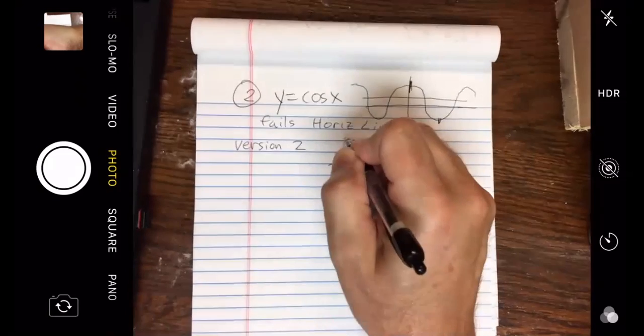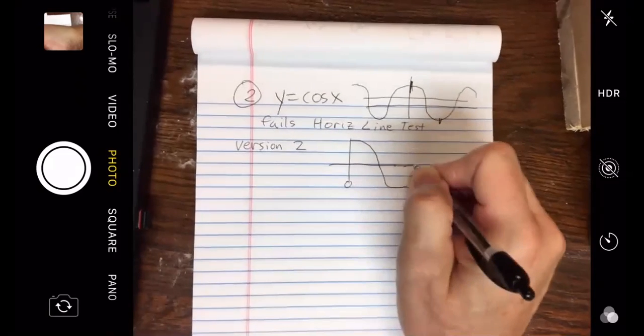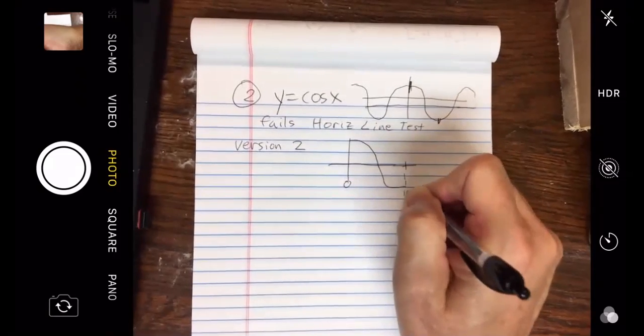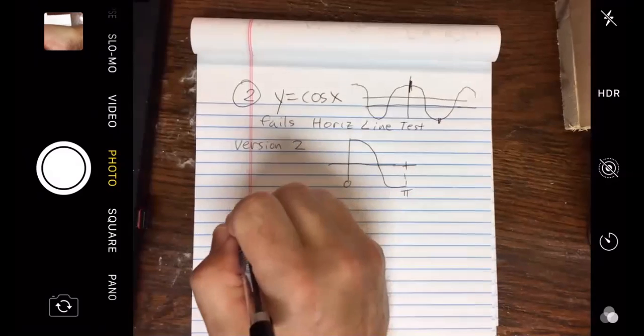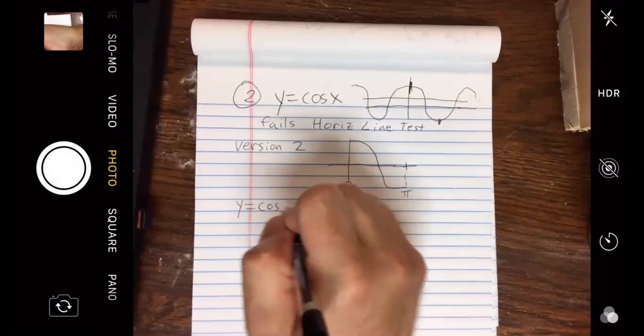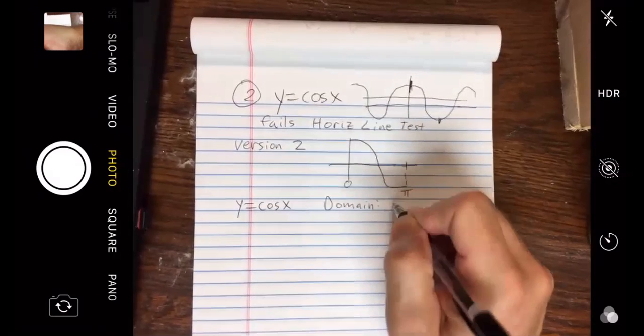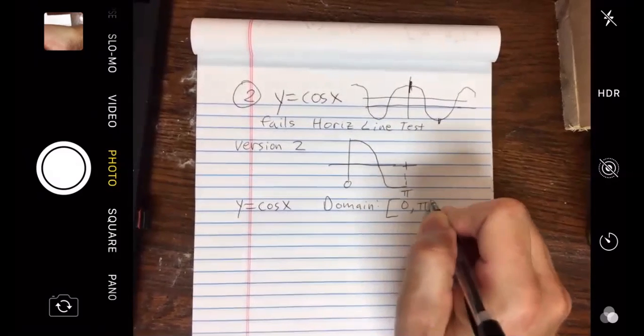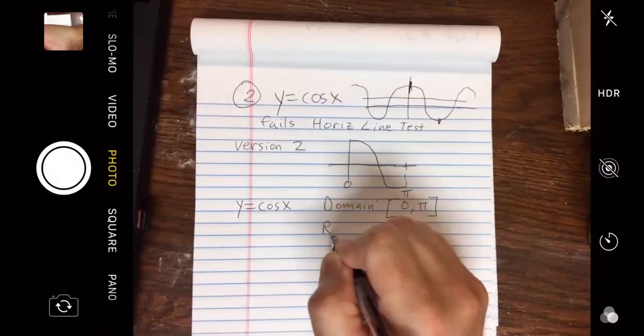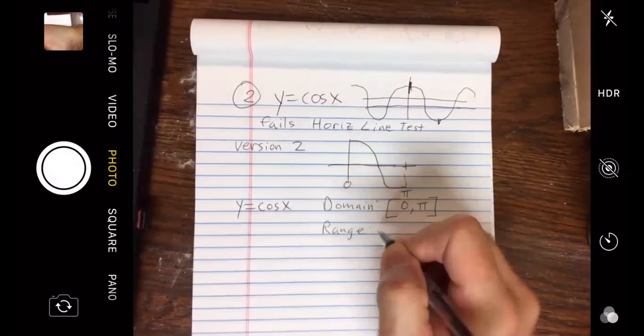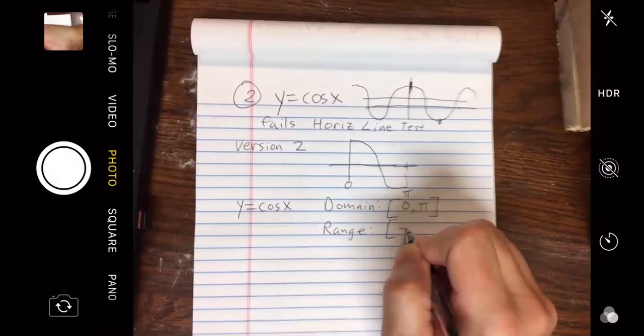And it turns out this is at 0 and this is at pi. So we're taking y equals cosine x with a domain 0 to pi. Its range is still -1 to 1.